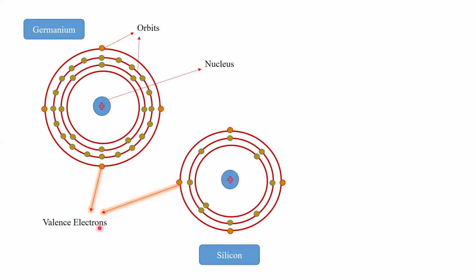And these electrons are called valence electrons or ready to be free electrons because they require relatively lower ionization potential, or in simple words, we will say they require relatively lower energy to free them from the outermost orbit so that they can contribute to the conductivity inside these materials.